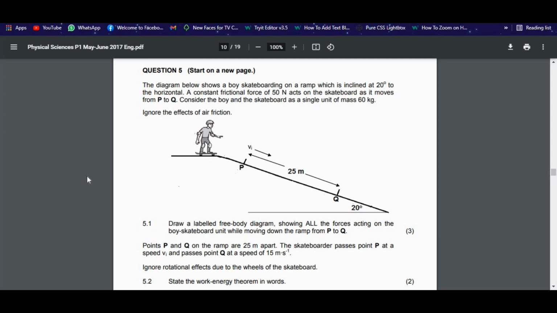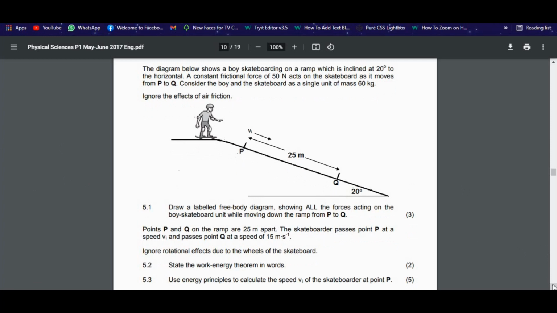The skateboarder passes point P at a speed vi and passes point Q at a speed of 15 meters per second. So we don't know the initial velocity, but we do know the final. Ignore rotational effects due to the wheels of the skateboard. 5.2, state the work-energy theorem in words. 5.3, use energy principles to calculate the speed of the skateboarder at point P.